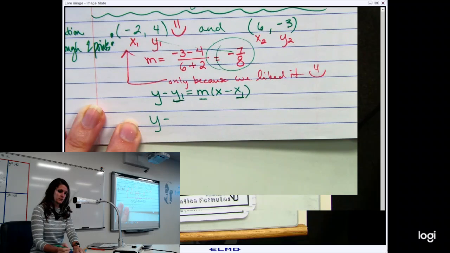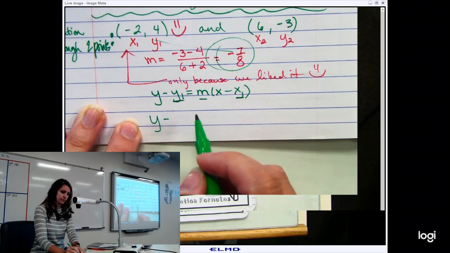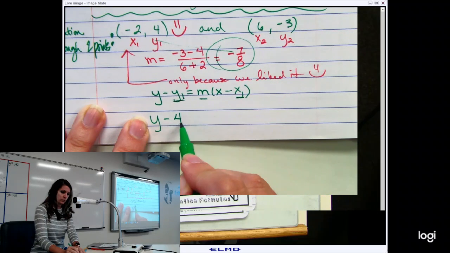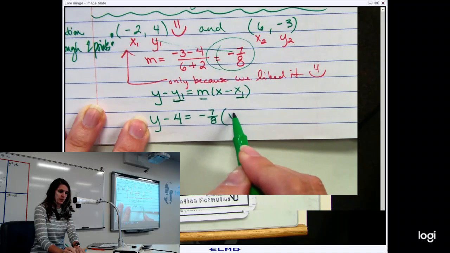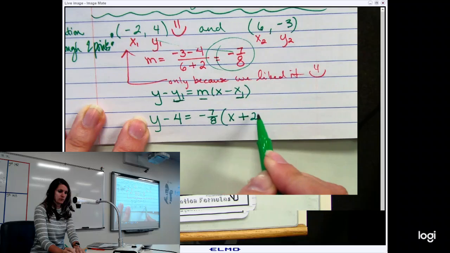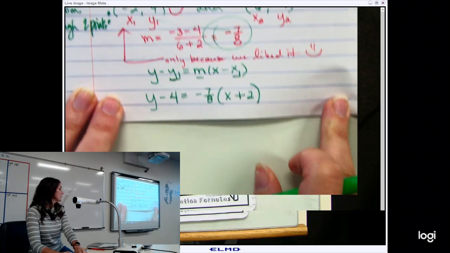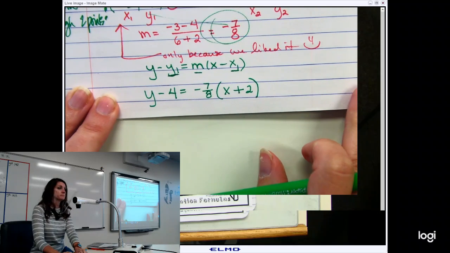Y minus, wow, I'm going to run out of room. 4 equals -7/8 times x minus a -2. Okay, other than I'm giving us nasty fractions, but we can handle that.